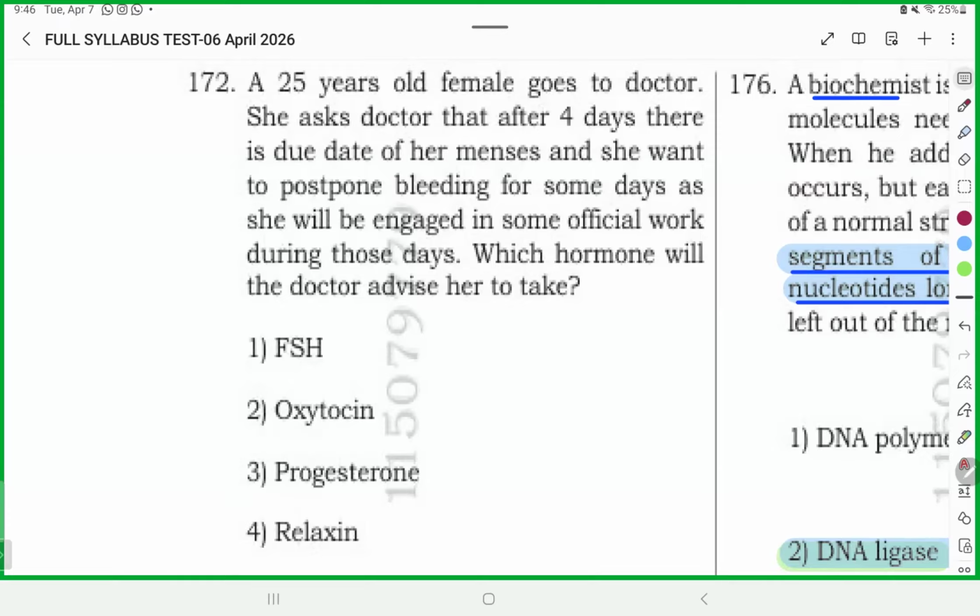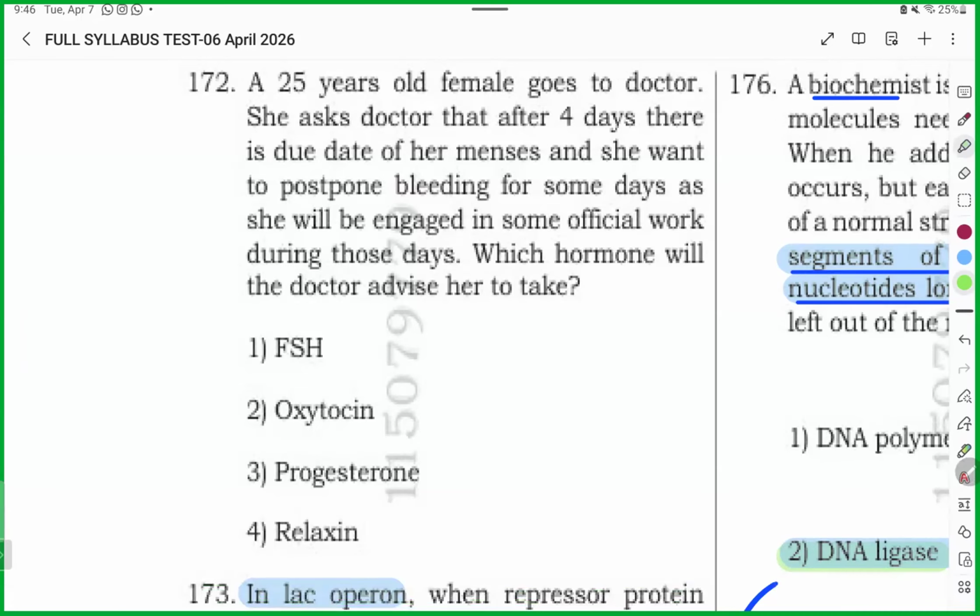Remember, these are not contraceptive medication. These are medication to postpone the bleeding.